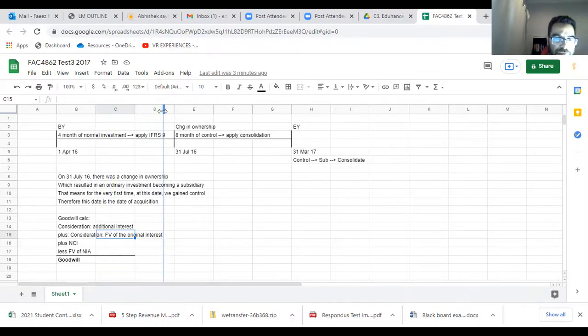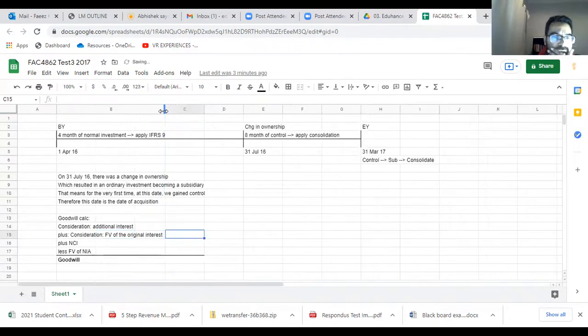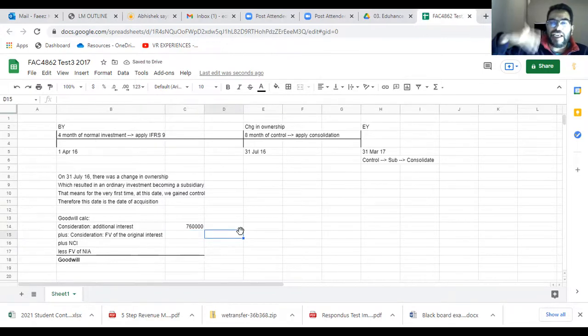So what would happen? The additional consideration is what the actual consideration on 31 July was. So the actual consideration on 31 July was 760,000. It is a pure cash consideration. Okay. Remember, the rules of consideration, as we covered in the beginning of the year, still apply.